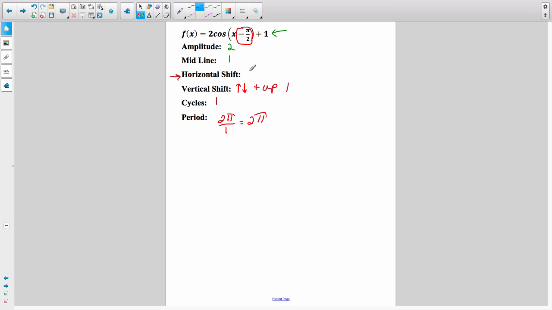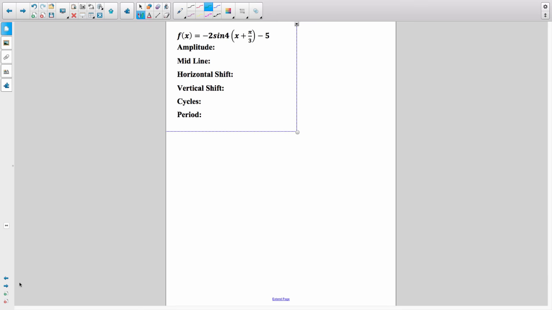The shift is going to be right pi over 2. Amplitude. No, it's not negative. It's just 2. Midline, -5. Vertical shift, down 5.